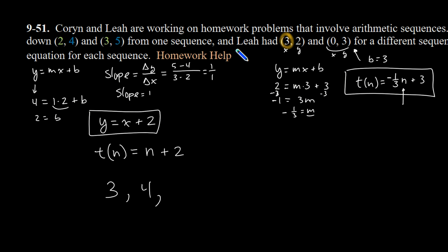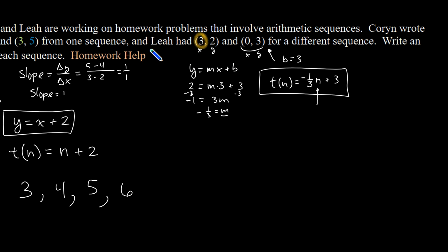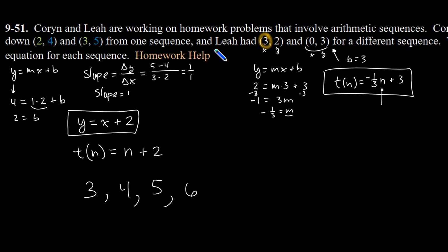When I put in a 3, I get a 5. When I put in a 4, I get 6. So this sequence is going up by 1 each time. It has a slope of 1. This sequence probably not as well. It's nice, but not as nice.